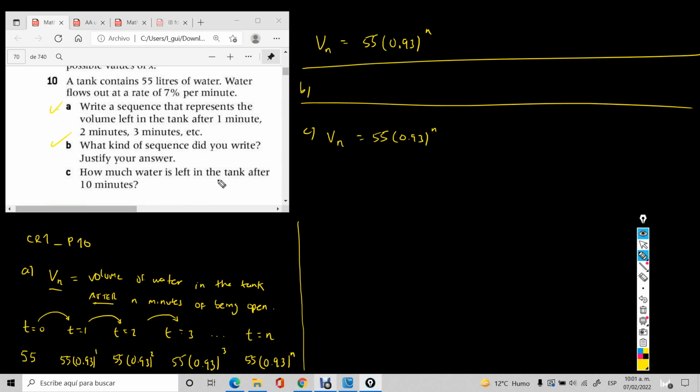How much water is left after 10 minutes? Then I just put n equals 10. That's it, problem solved. You can either leave this as is, or you can calculate it. Doesn't matter. Then let's go for D.